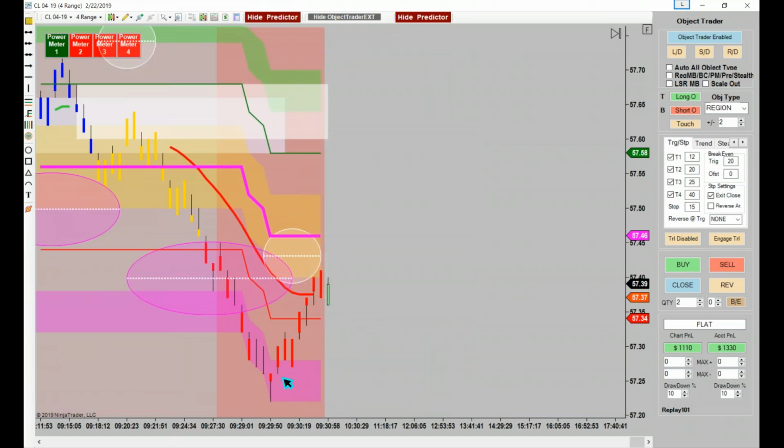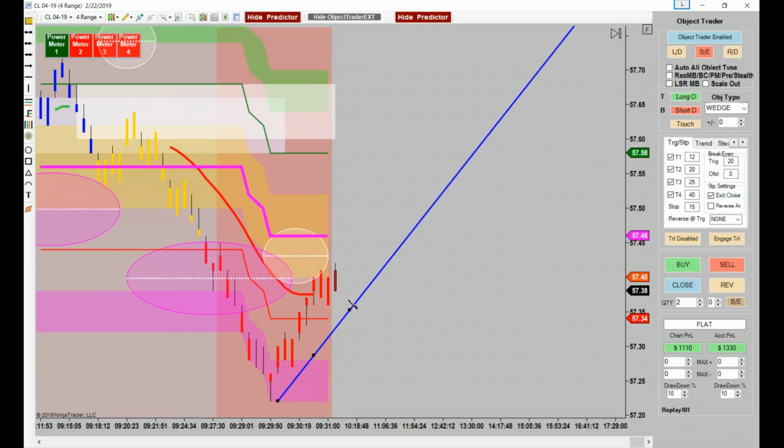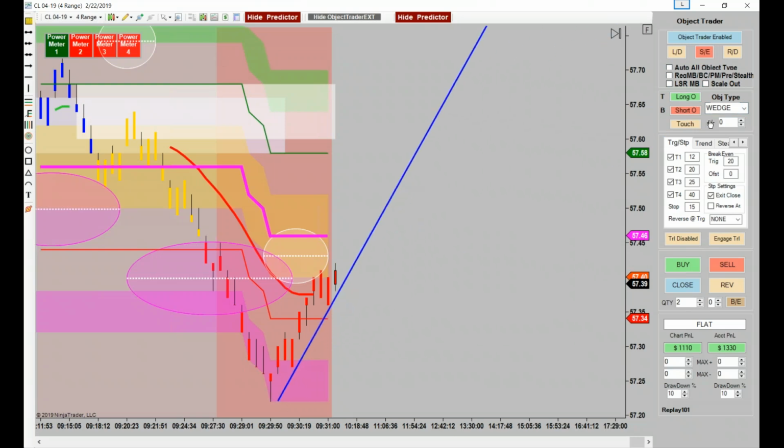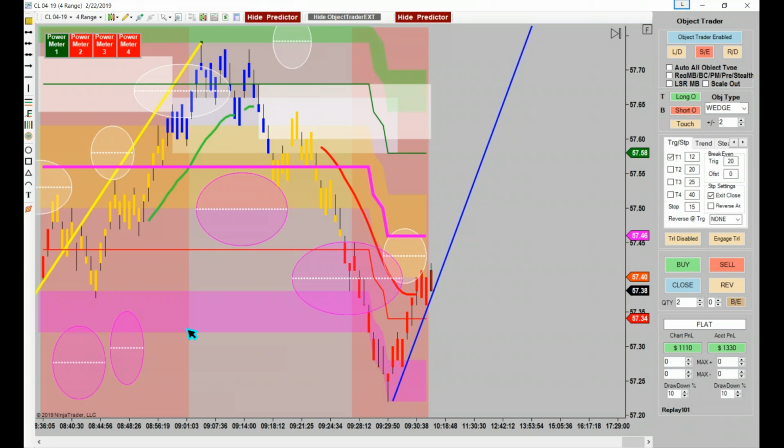So we got a thrust retrace, so we could draw a trend line. Let's try it. See if we can get something on that just for the fun of it.